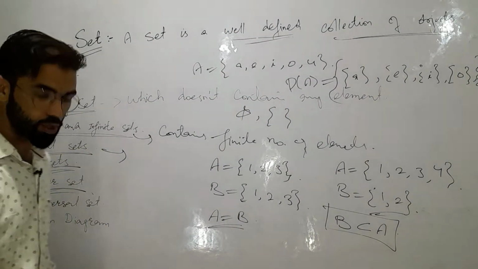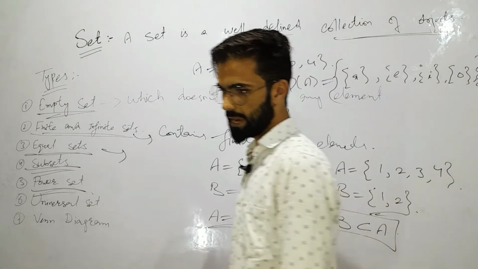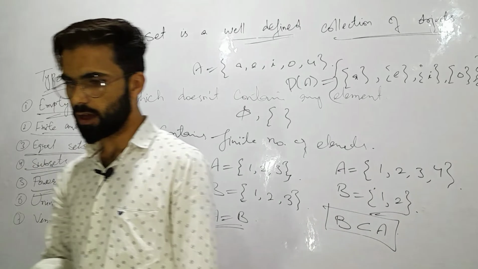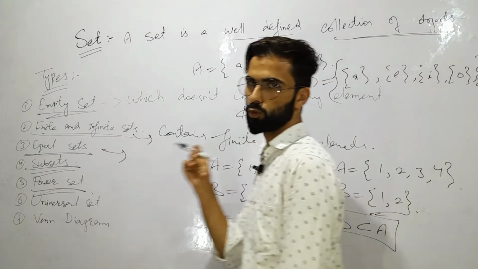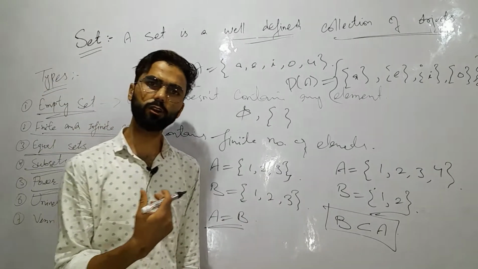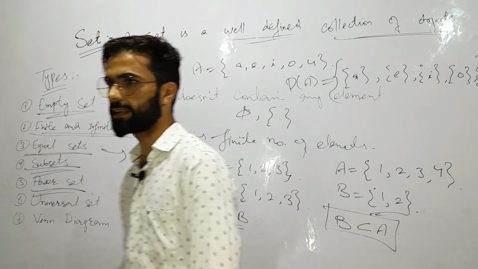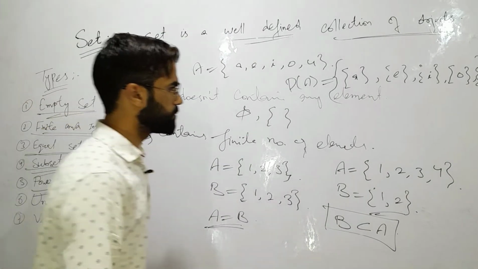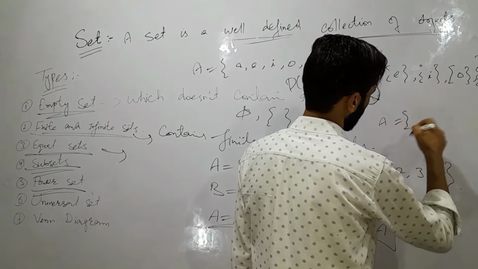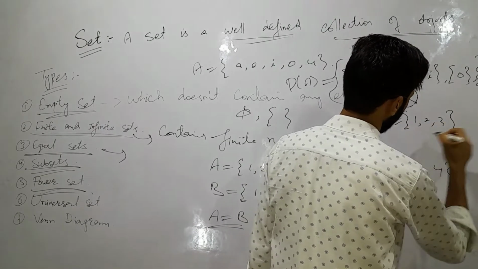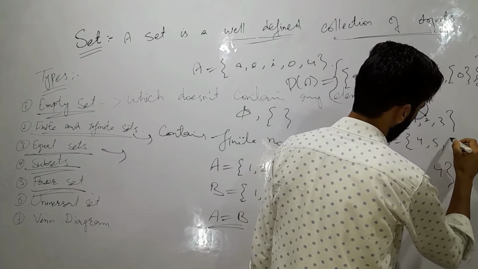After that we have the universal set. What is the universal set? The universal set contains all sets in the given context, and it is denoted by U. For example, we have set A equal to 1, 2, 3, and set B equal to 4, 5, and 6.